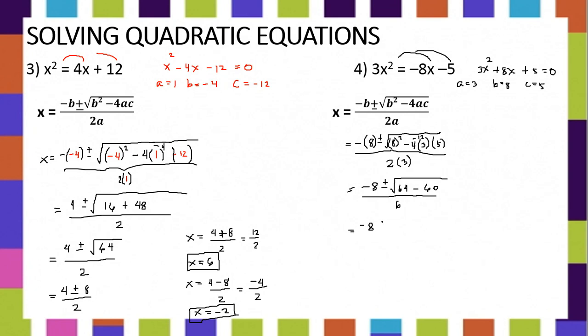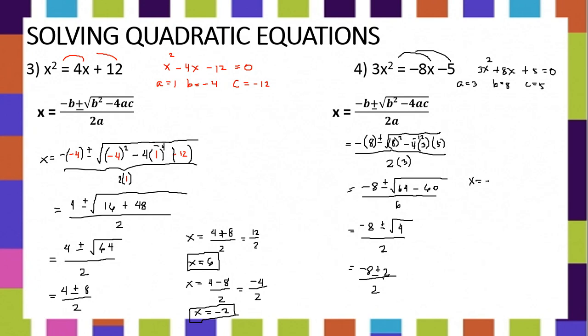Negative 8, positive, negative, square root of 64 minus 60 is 4 over 2. Negative 8, positive, negative, square root of 4 is 2, over 2. Okay, solving for the value of x.